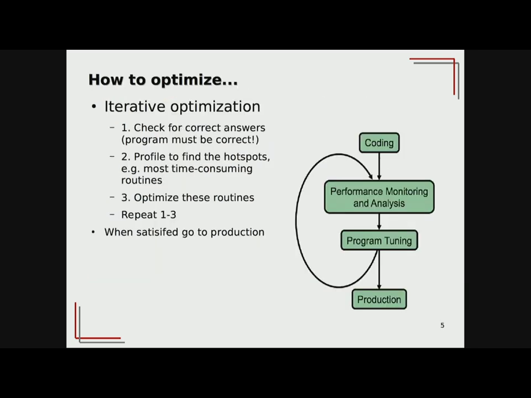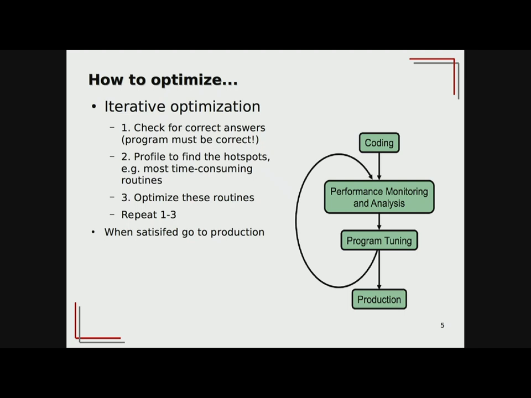Auto-optimization is an iterative process. You write your code, you do a little bit of performance and monitoring analysis, then you try to tune your program, and once you are satisfied, you go into production and run forever. Remember that the iterative optimization, that is this loop, has three different aspects.